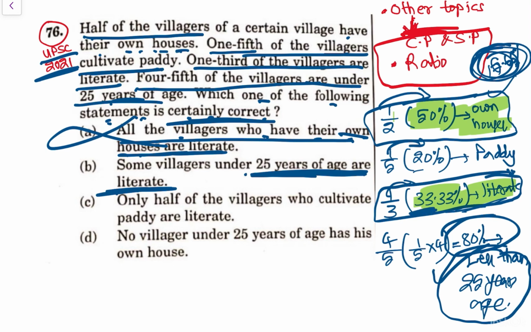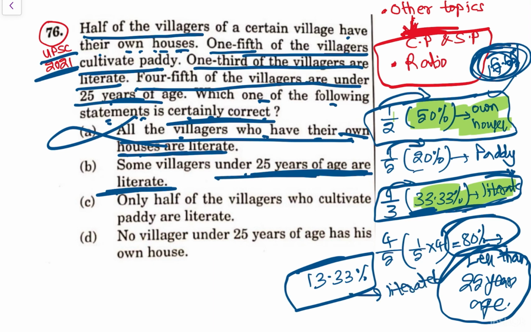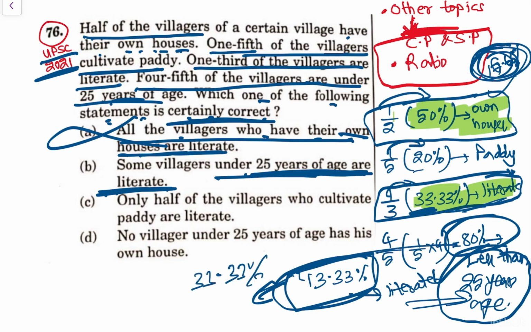So that means at least 13.33% will be literate. So some villagers under 25, yes, it is true, 13.33% is the minimum. हो सकता है 33.33% भी पूरा 80% में हो जाए. So this is a correct statement.